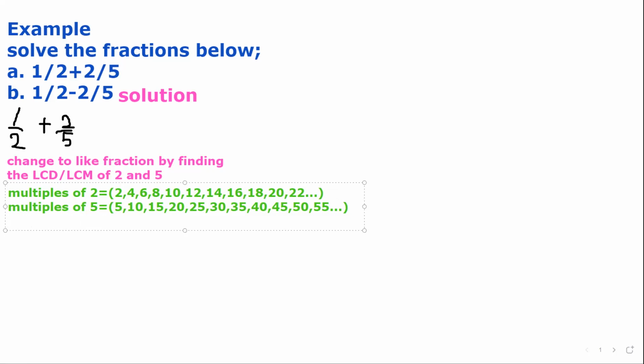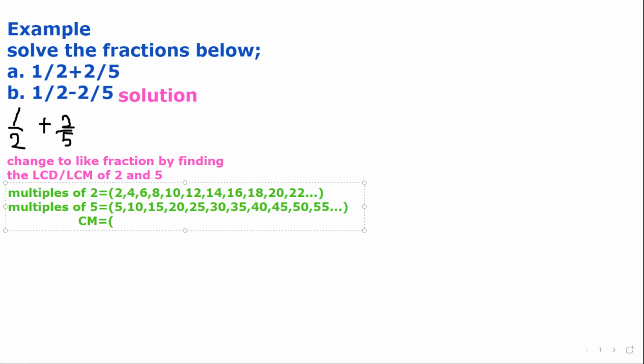When you finish, then you list the common multiples. When we talk of common multiples, they are the numbers that appear in the multiples of 2 and at the same time appear in the multiples of 5.